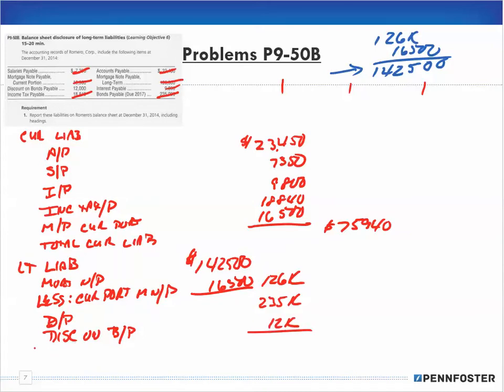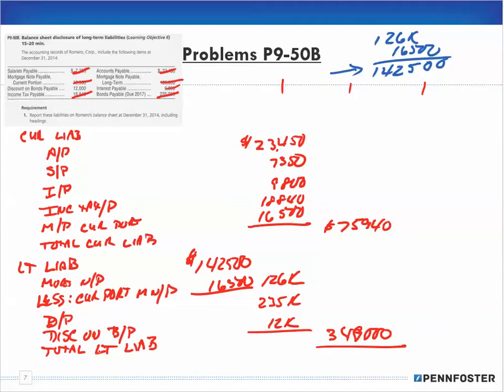Okay, so my total long-term liability is going to equal 349,000. Oops, wrong column. 349,000.